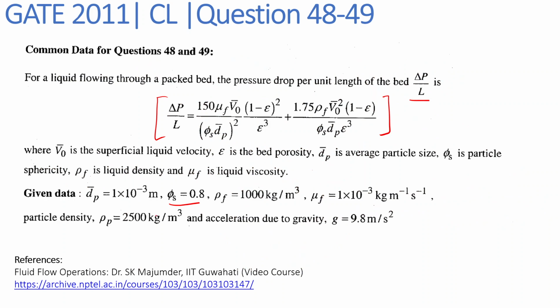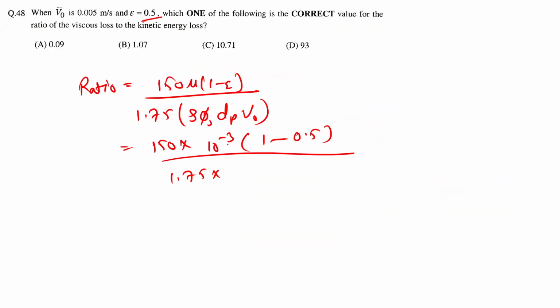So rho, we need the density of the fluid. So rho f will be 1000, then dp is 10 raised to minus 3, phi s is 0.8. That is 1000 into 0.8, diameter was 10 raised to minus 3, and the superficial velocity V naught bar we have been given as 0.005 meter per second.